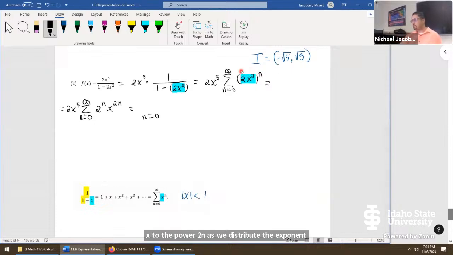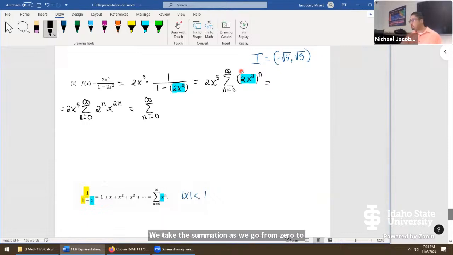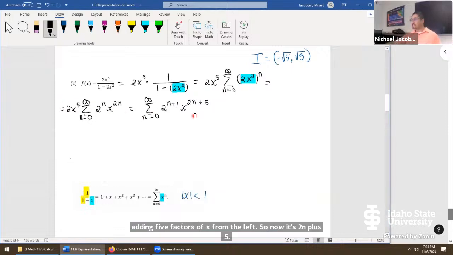So now we take the summation as we go from 0 to infinity of 2 to the power n plus 1, x to the power of 2n. We're adding 5 factors of x from the left, so now it's 2n plus 5.